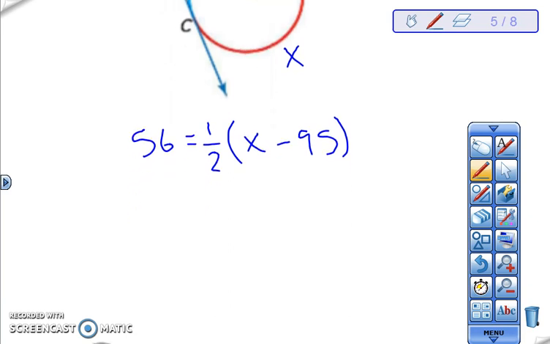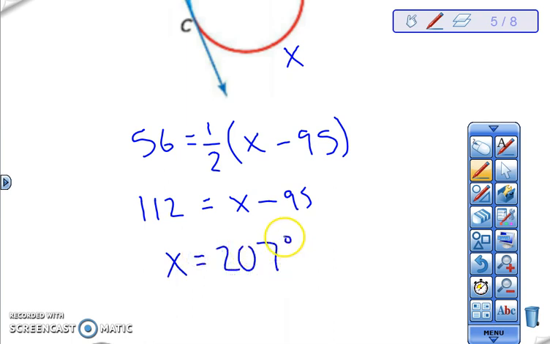The larger number always goes first. So we double both sides to get rid of the 1/2. The missing arc is 207 degrees.